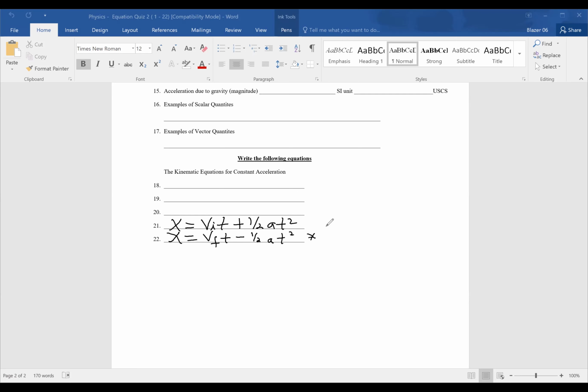This particular one is not used as much, but you can still have it in your notes. The only difference is if I know the final speed instead of the initial speed, rather than adding this expression, it's subtracted.